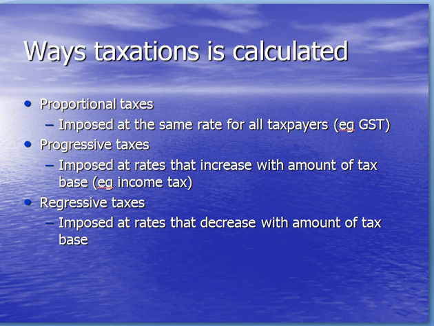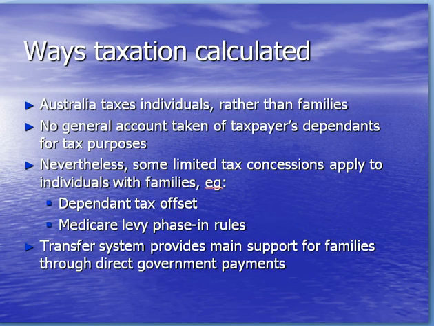Ways that tax is calculated, as I mentioned: proportionate, progressive or regressive. Proportionate is imposed at the same rate. If it's progressive, it will increase, and if it's regressive, it will decrease. Australia taxes individuals rather than families, and there's no general account taken of a taxpayer's dependents for tax purposes.